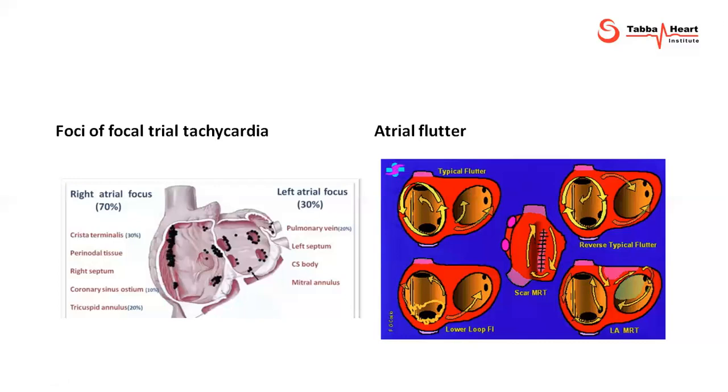Somebody had atrial fibrillation, prior mitral valve surgery, and now they have this atrial tachycardia. It's a left-sided macro reentrant atrial tachycardia. You cannot have a focal atrial tachycardia in a diseased heart, where a lot of slow and fast conduction can be present. So atrial flutter is a macro reentrant atrial tachycardia.